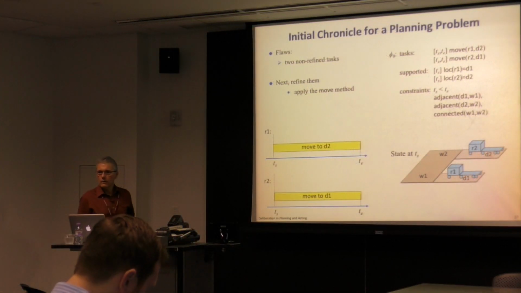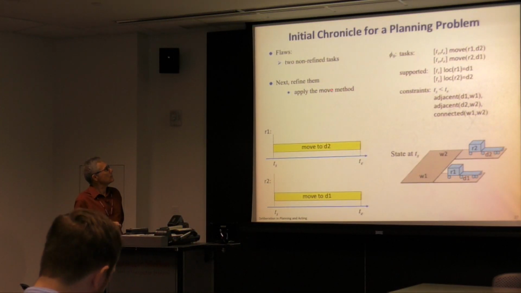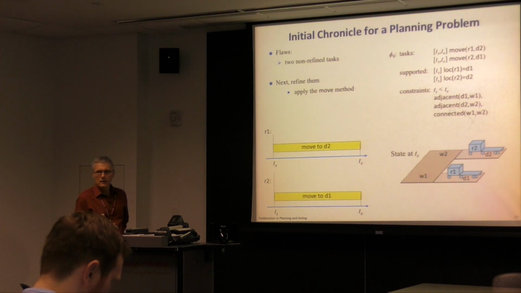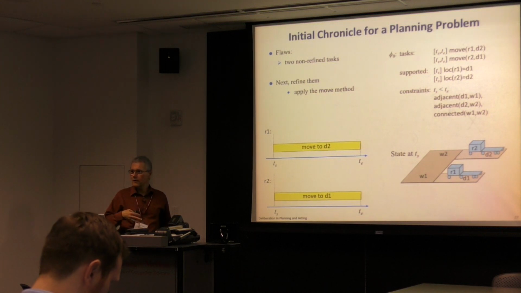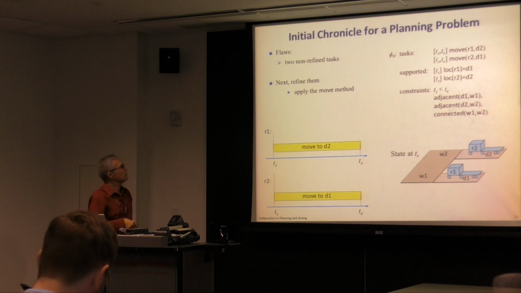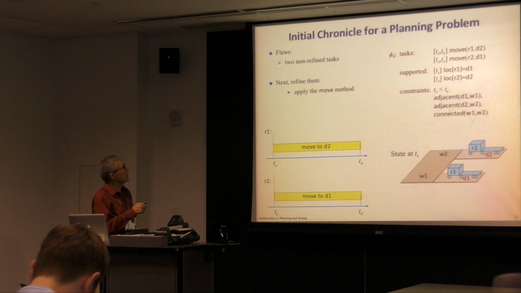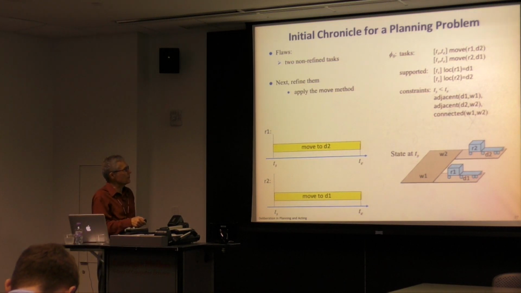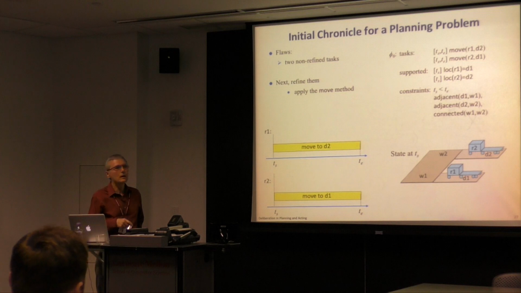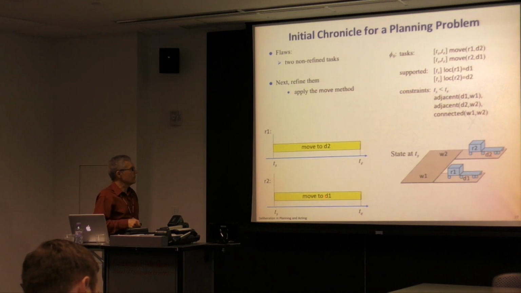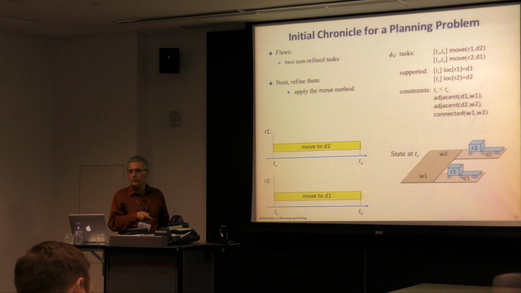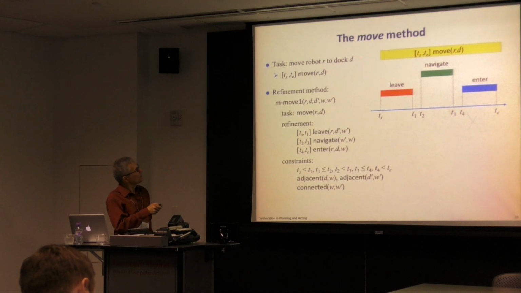Okay? Where I was when the break started was I was just about to go through this example with taking a chronicle and coming up with a complete plan out of it. So we have a chronicle that looks like this. Basically what it has in it is two non-refined tasks, the two move tasks. And I'm going to apply the move method to both of them. And just a quick reminder, here's what the move method looks like.